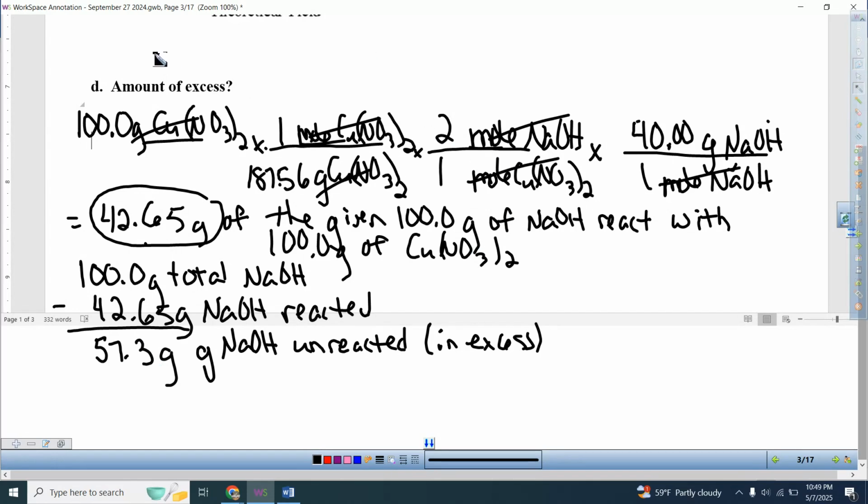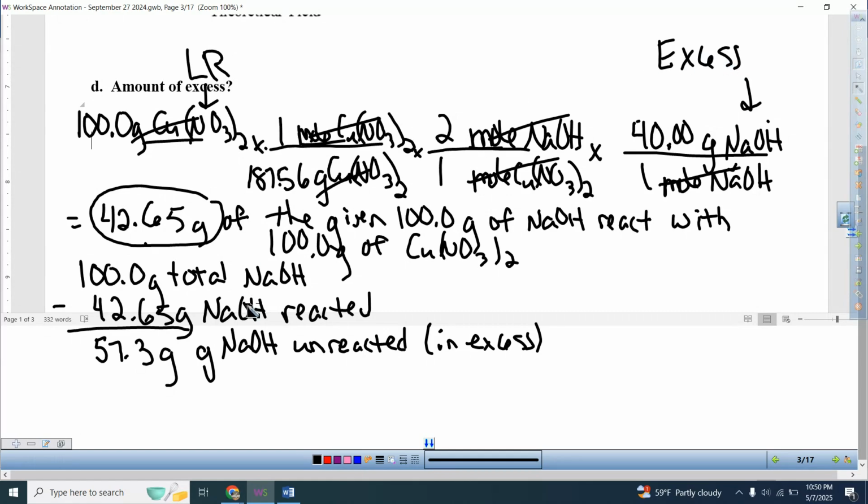Okay, so these are your steps. If you look at what we did, you need to figure out the limiting reactant. You need to figure out your excess reactant. You need to do a third stoichiometry problem and go from the limiting, which in this case was our copper nitrate, to our excess reactant.